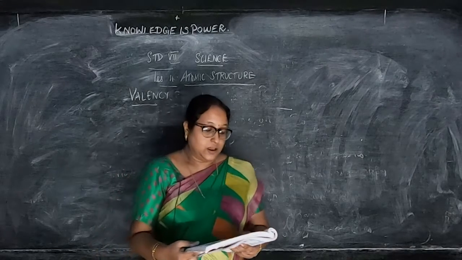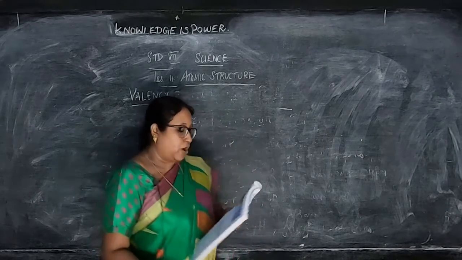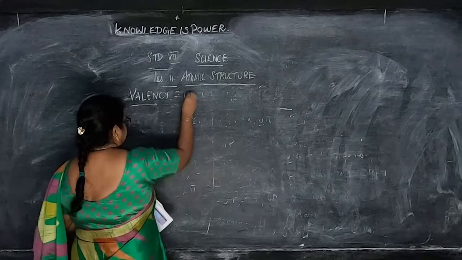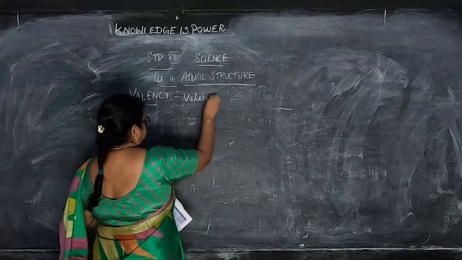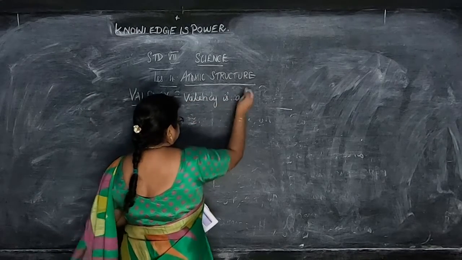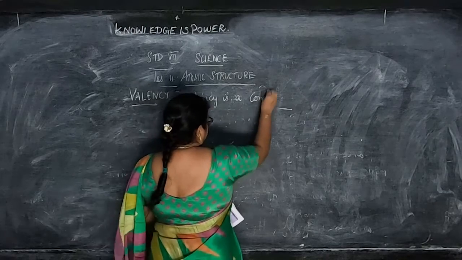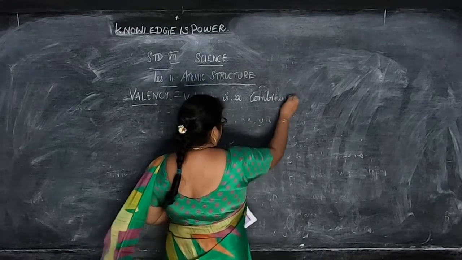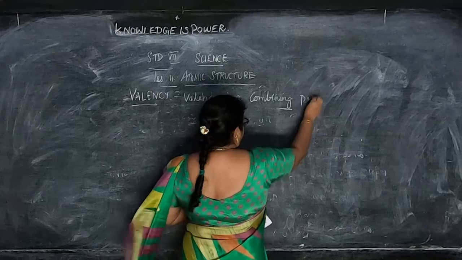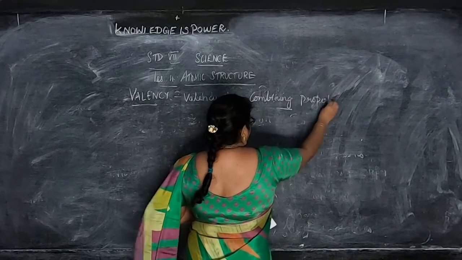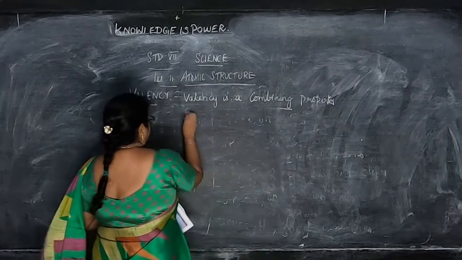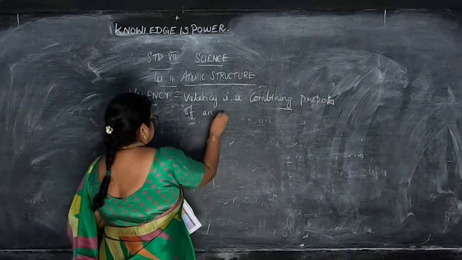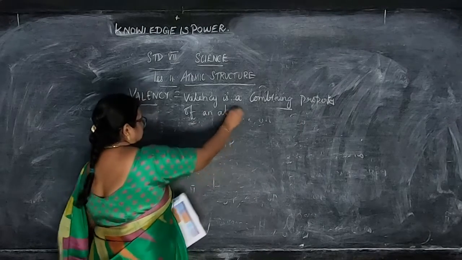Now see here. Valency is a combining property of an atom. Okay children.